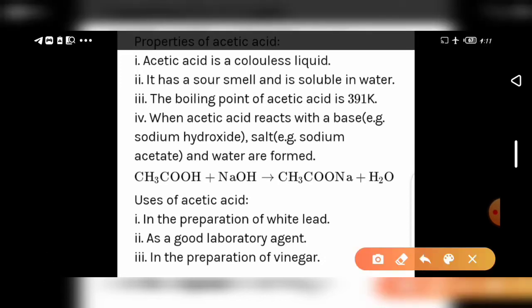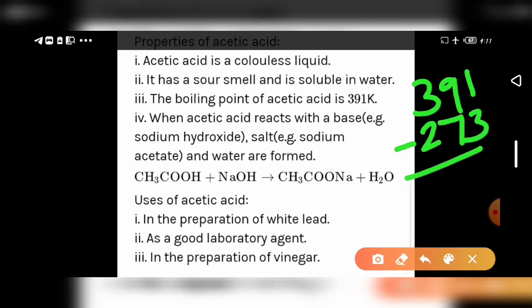See here, you write the boiling point of ethanoic acid and subtract 273. 391 minus 273: 11 minus 3 equals 8, 8 minus 7 is 1, 3 minus 2 is 1, giving 118 degrees Celsius. This is the conversion into degrees Celsius.